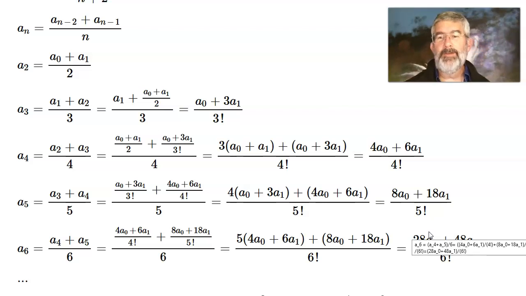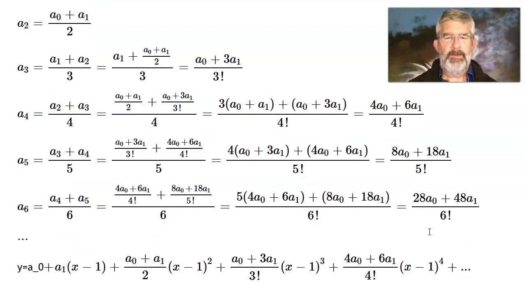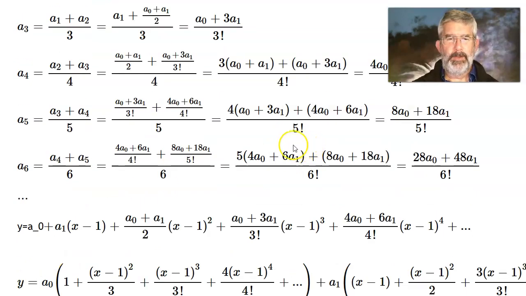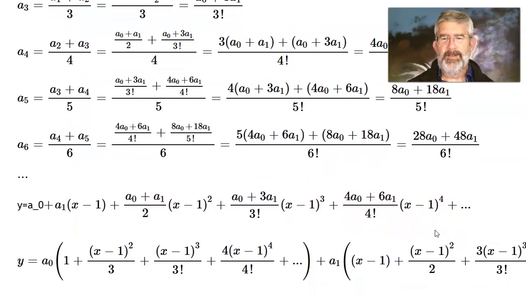Actually, when I read the directions of what they ask you for this problem in the book, it says find the first 4 terms of each of the 2 solutions. And so I'm going to just plug everything in here. y equals a0 plus a1 times x minus 1 plus a2, which is this, times x minus 1 squared, plus a3, which is that, times x minus 1 cubed, plus a4 times x minus 1 to the 4 power, and so on, right?